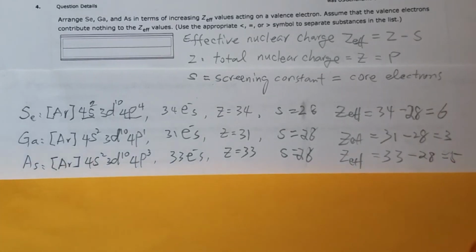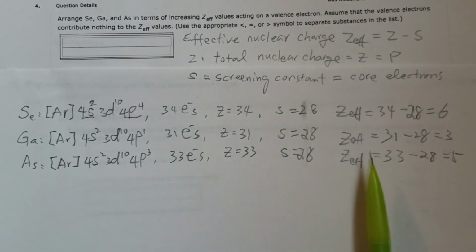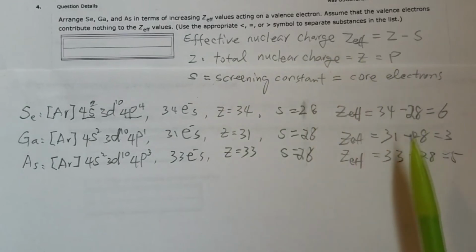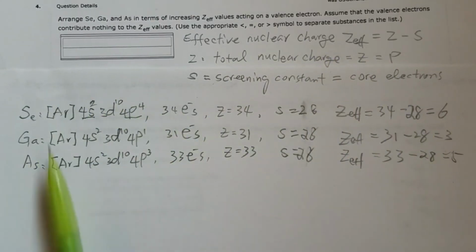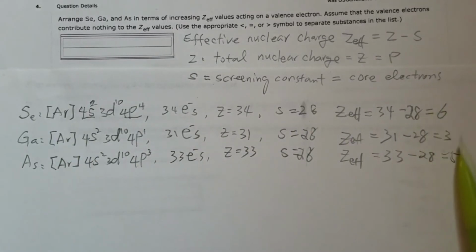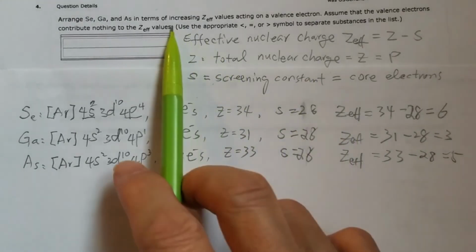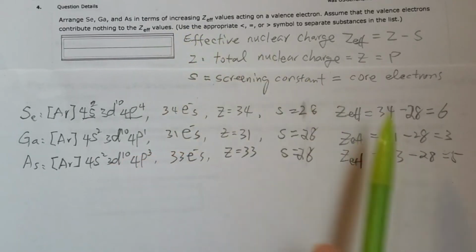Now we certainly can compare the Zeff values, or effective nuclear charges, for the three elements. So we can write down those numbers in the order of increasing Zeff values.